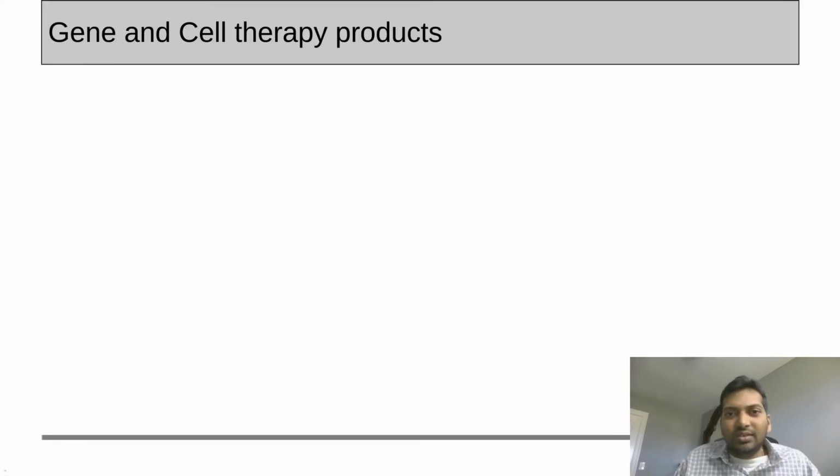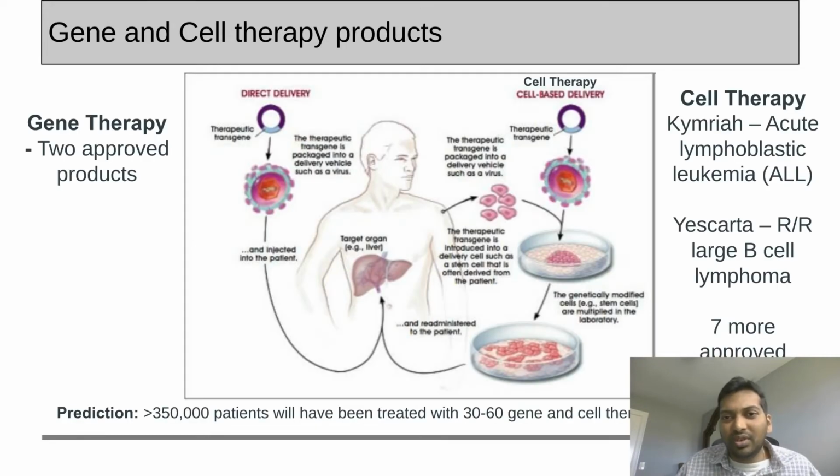As an introduction, I want to talk about cell and gene therapy products. Before that, I would like to introduce what gene therapy and cell therapy are. The one on the left is the gene therapy product, where we call it direct delivery. You have a therapeutic transgene and you embed that into a viral genome, using non-immunogenic viruses.